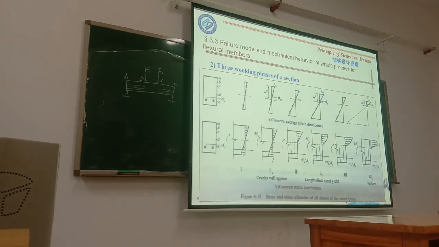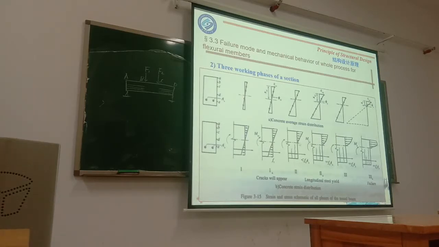And then the end of the second phase, with the load increase, the width and the length of the cracks increase, and generally the reinforcement reaches the yield strength.